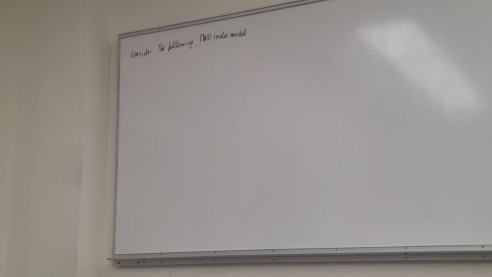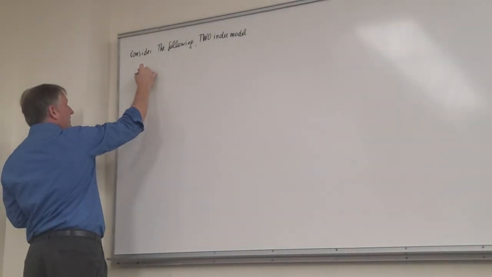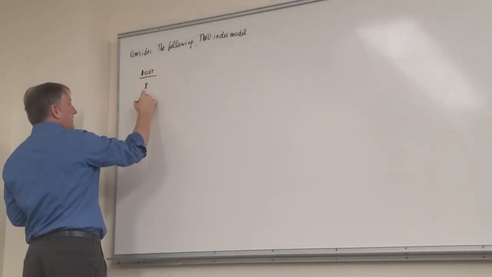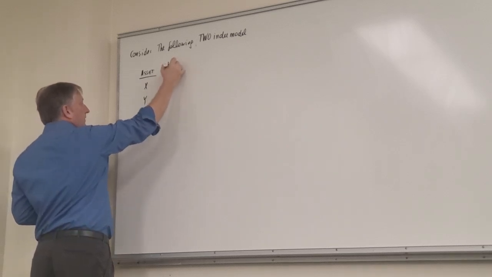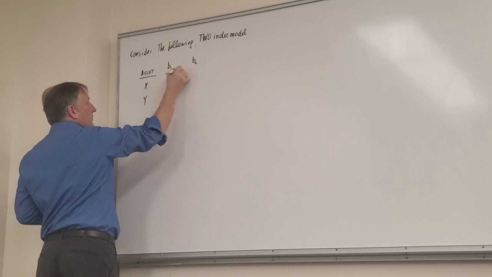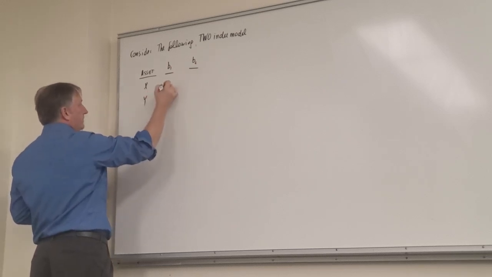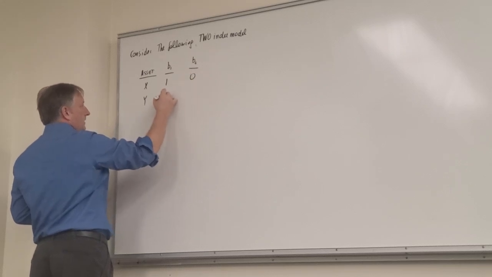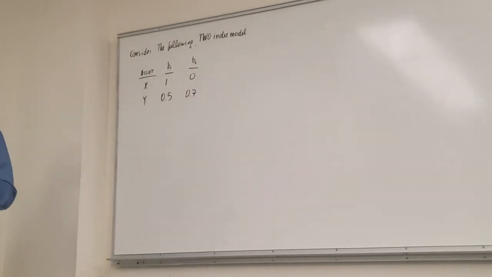Every asset will be described by two betas. So you have asset X, Y, B1, B2, 1, 0.5 and 0.7.